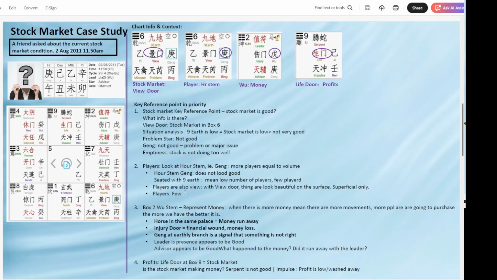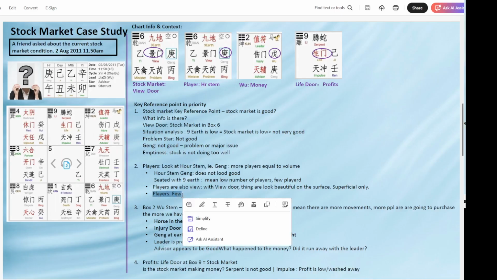We also have the player in a View Door, which may mean that things look beautiful on the surface but it's actually a very superficial indication. It looks good only on the surface, but deep down it might not be good. Again, we show that there are only few players.